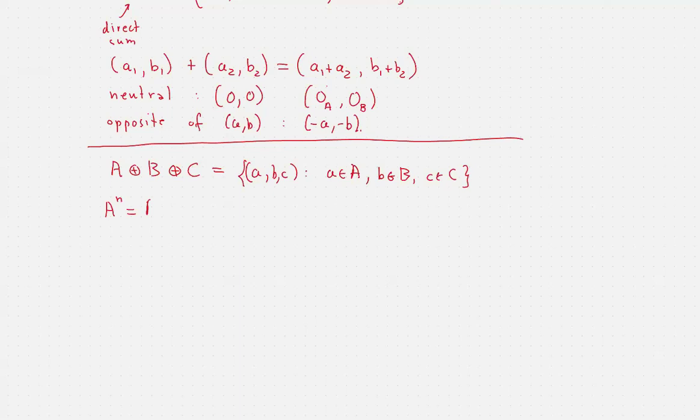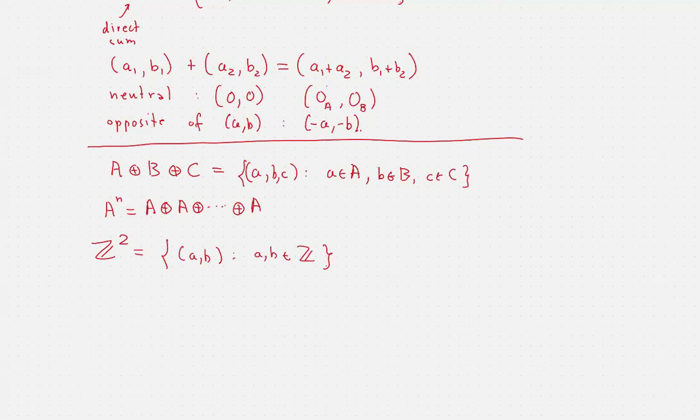So, for example, to give an idea of what we're talking about, Z squared will simply be the set of pairs of integer numbers. Okay, and the operation is defined coordinate-wise, and it has all the properties that we noted above.